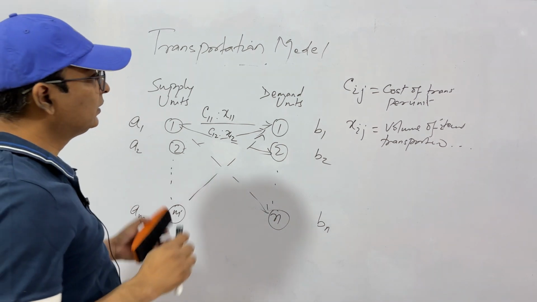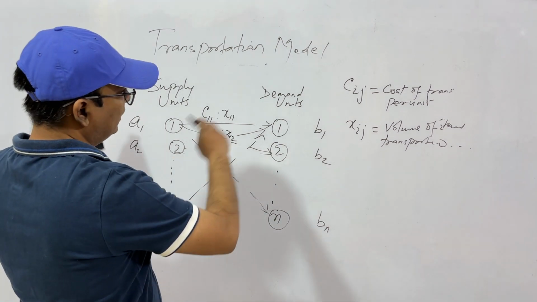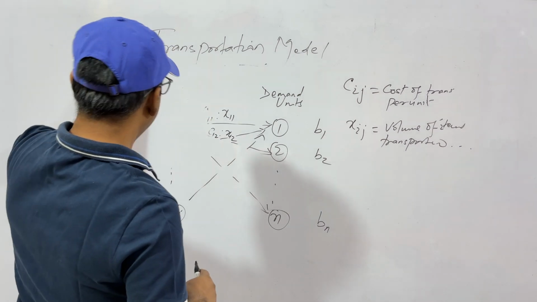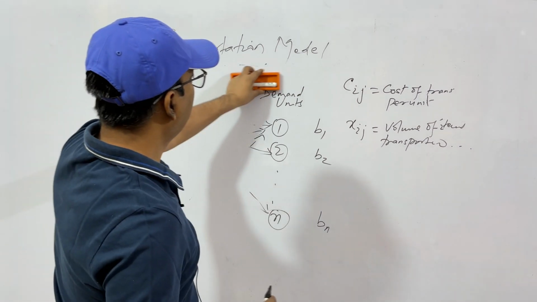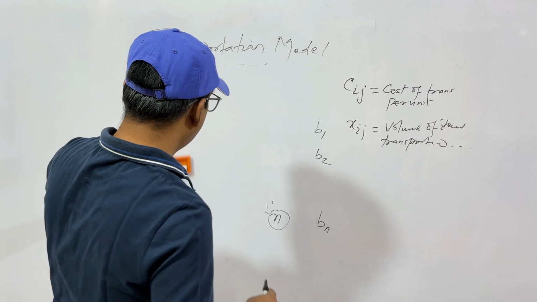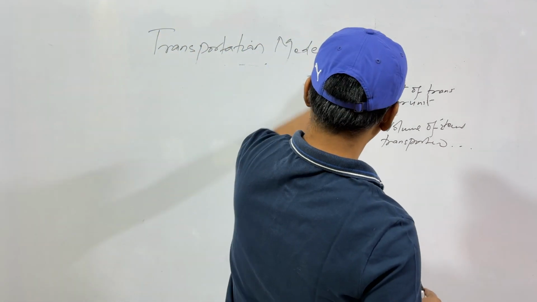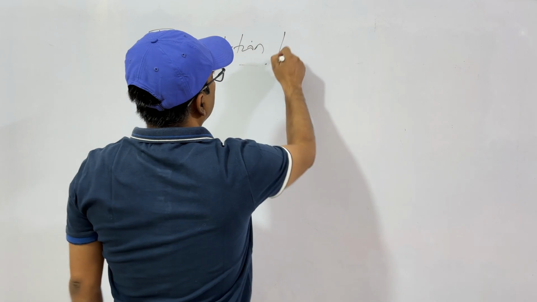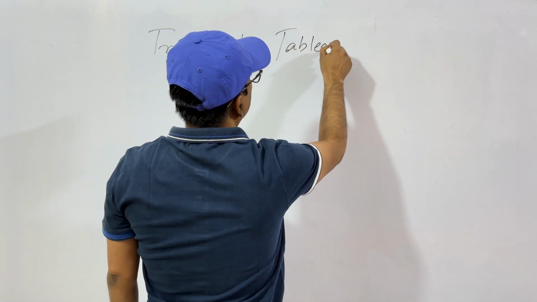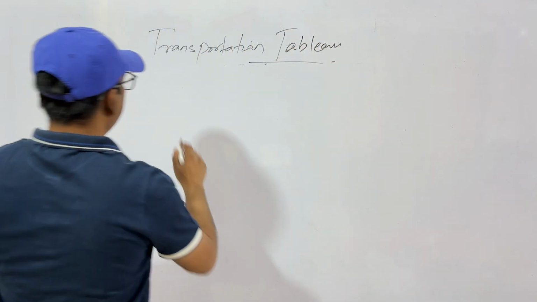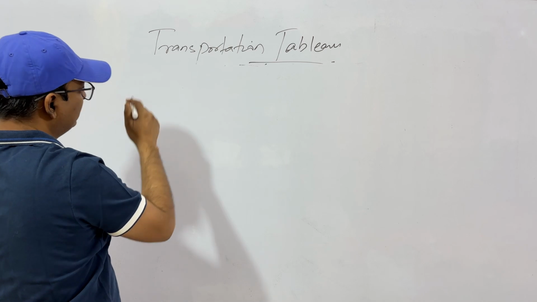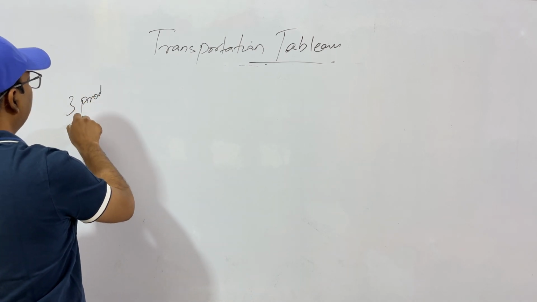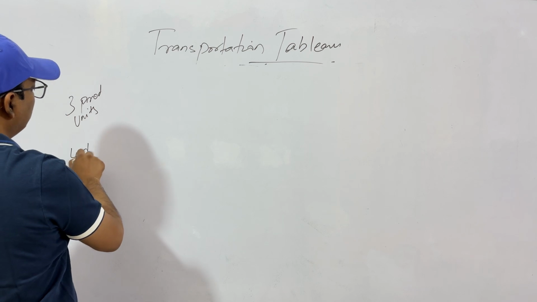So what we do in the transportation model, I think you must have understood this, is create a transportation table, simply called a tableau. How do we create that tableau? Let's say we have 3 production units and 4 demand units.